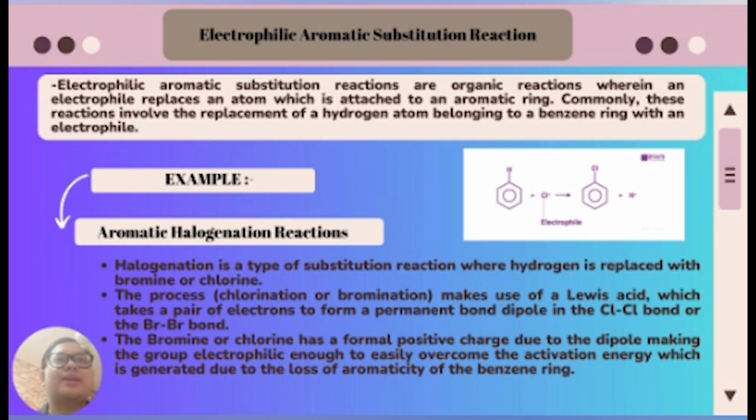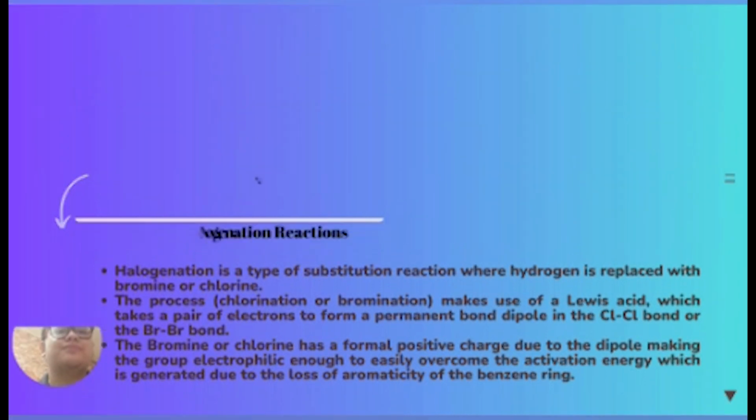The bromine or chlorine has a formal positive charge due to the dipole, making the group electrophilic enough to easily overcome the activation energy which is generated due to the loss of aromaticity of the benzene ring, as we can see in the picture.